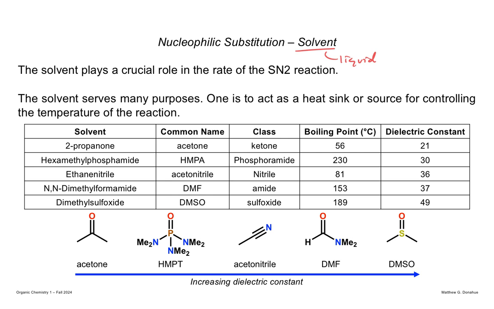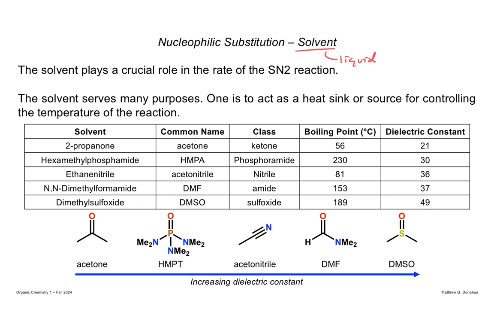The nucleophile is hitting the electrophile, so that collision. So things have to be in solution. If you take two solids, the reaction's really never going to work. So the solvent solubilizes things. It also serves some other purposes.